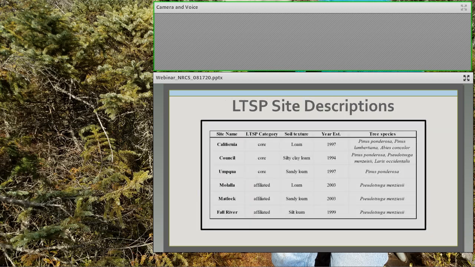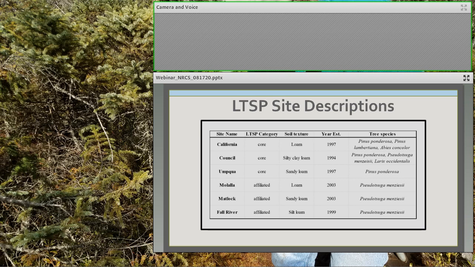The LTSP sites we sampled had unique site characteristics including soil texture, the age since harvesting, and dominating tree species. Treatments had been established between 16 and 25 years prior to our sampling.